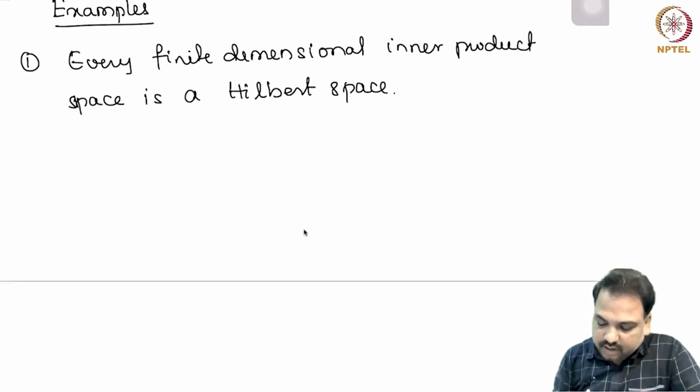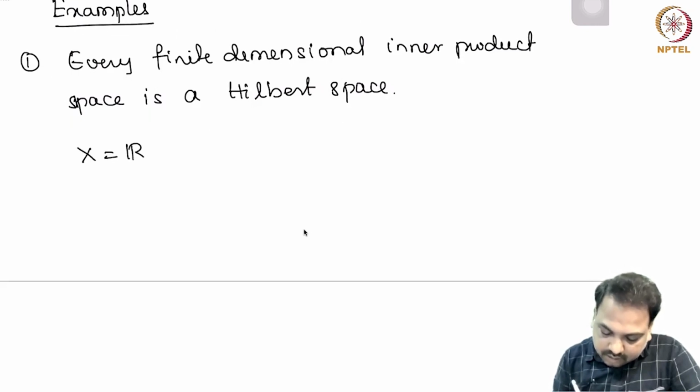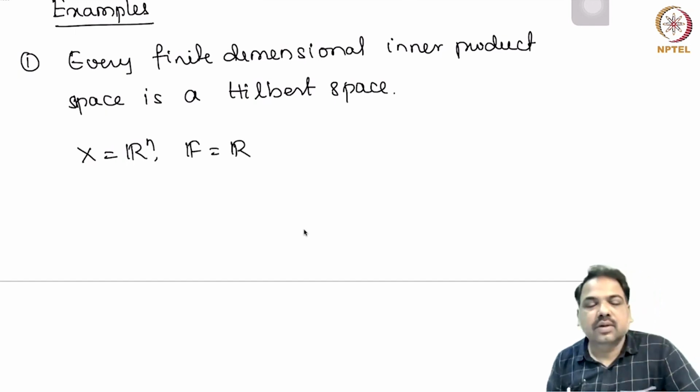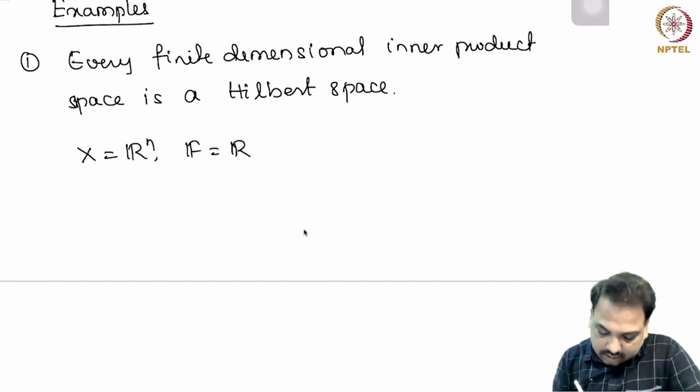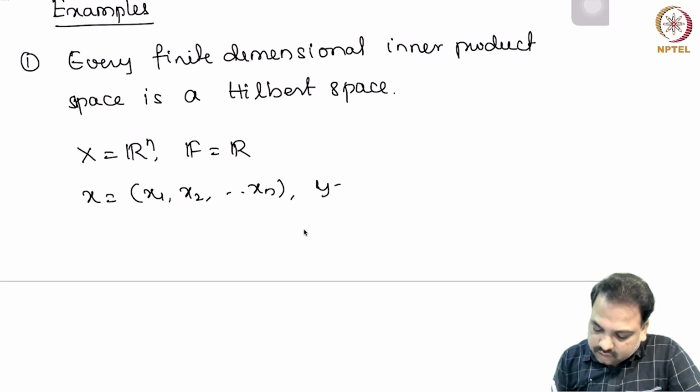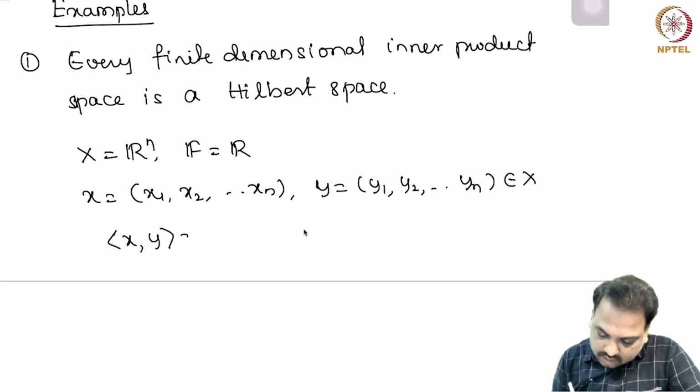In particular, we can take X to be R power n and the field is R. We know how to define the inner product here. X is x1, x2, so on xn, and y is y1, y2, so on yn. So the inner product of X with Y is summation xj yj bar.